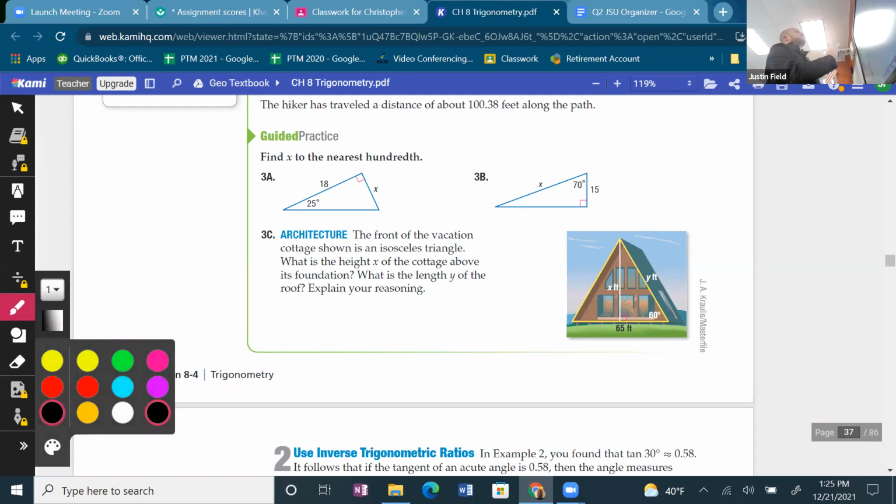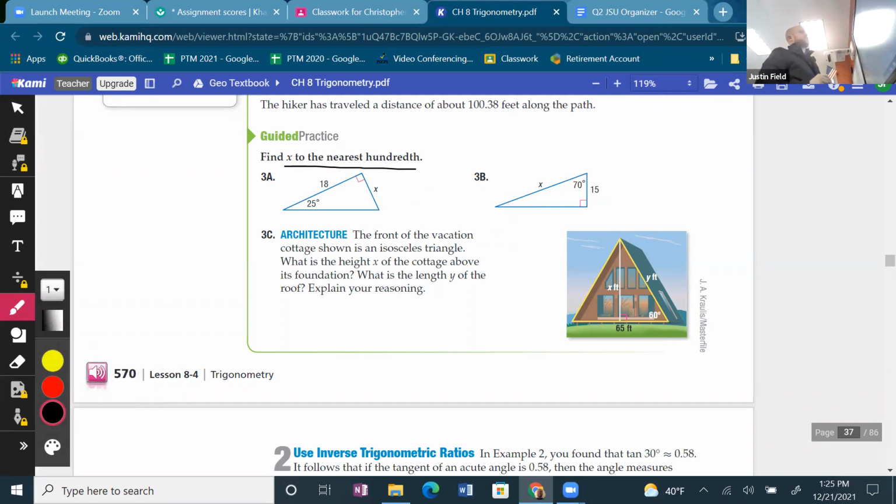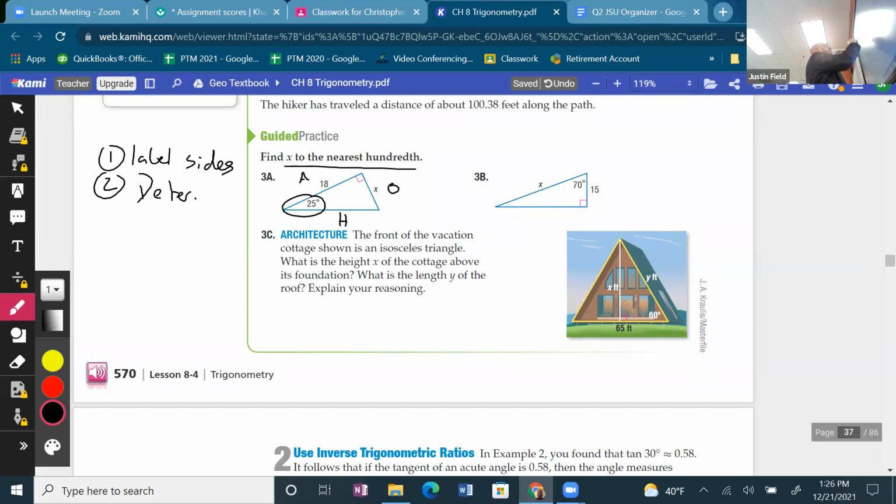Okay, so we are going to find x to the nearest tenth. So how are we going to do that? Okay, I got an idea. We're going to circle the angle, and then we're going to label the sides. So this is the hypotenuse, this is the adjacent, and that's the opposite. You with me? Now the next question is, label sides, determine ratio. So what should we use? SOH, CAH, or TOA?